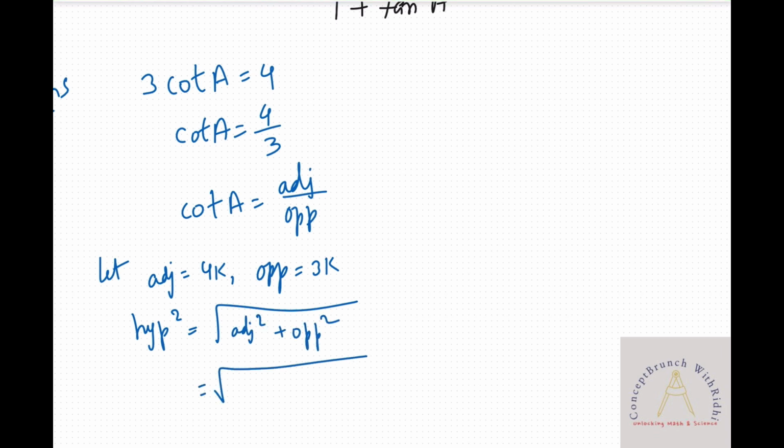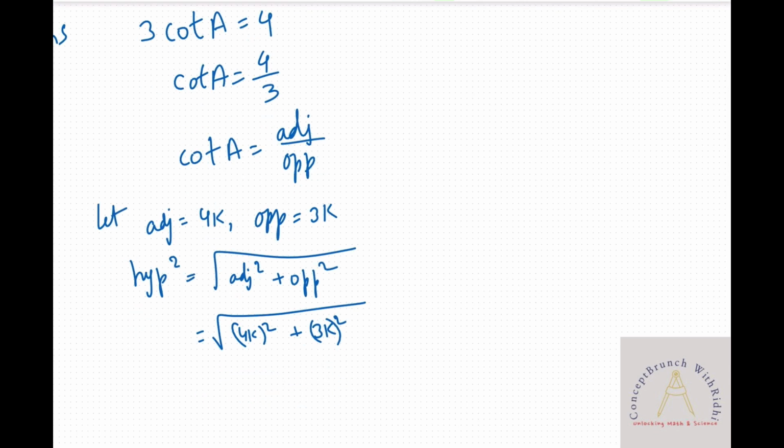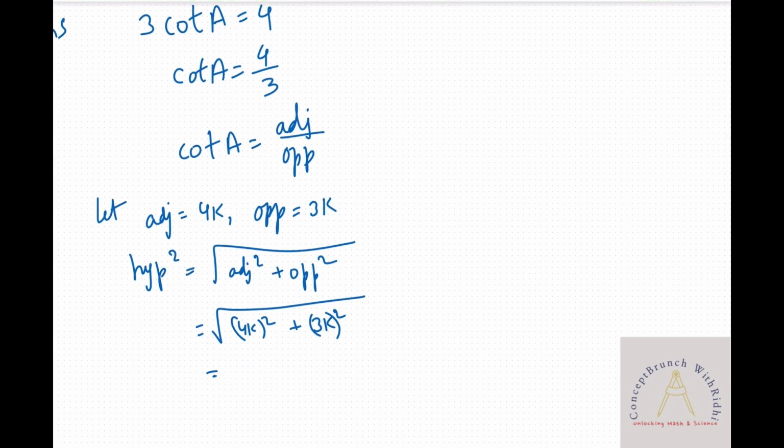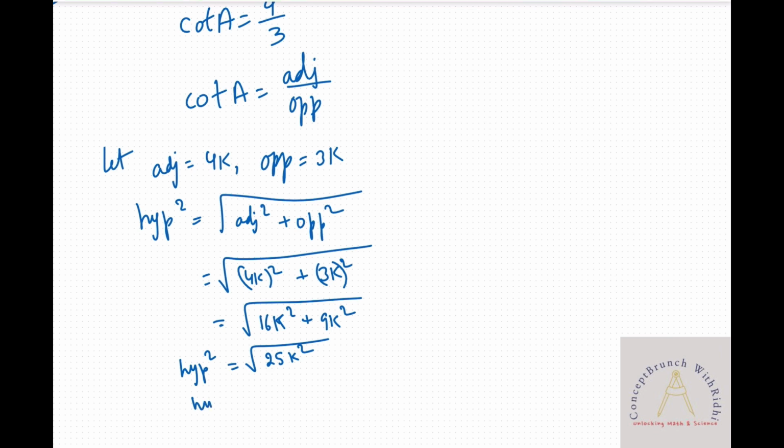So adjacent, that is your 4k whole square, opposite, that is your 3k whole square, correct? Next, so under root, this is going to be 16k square and this is going to be your 9k square. Overall it's going to be 25k square, that is your hypotenuse square. So finally we can say the hypotenuse is what? 5k.